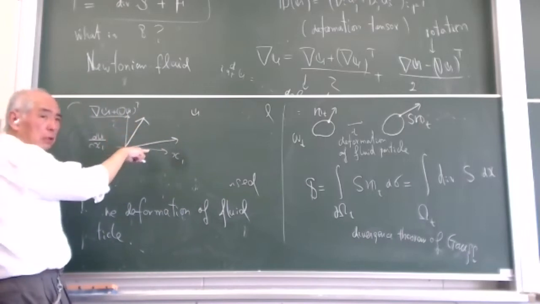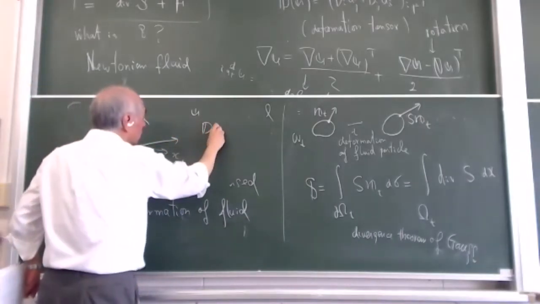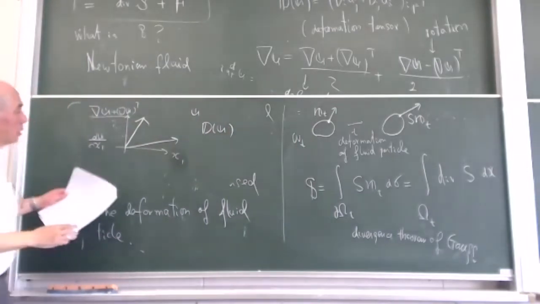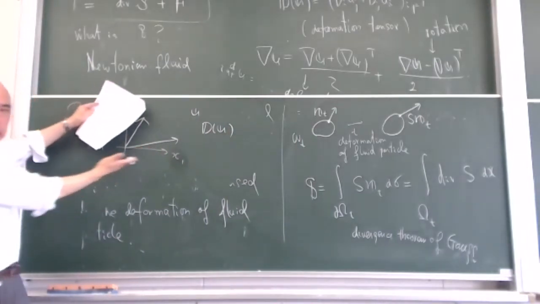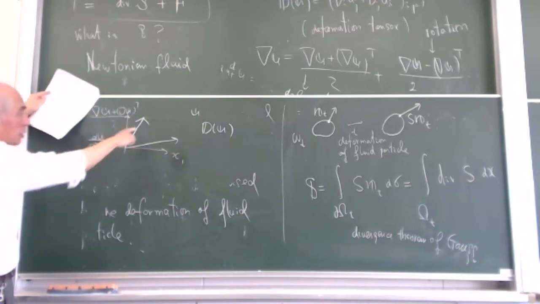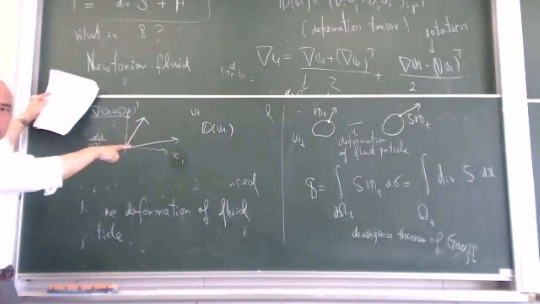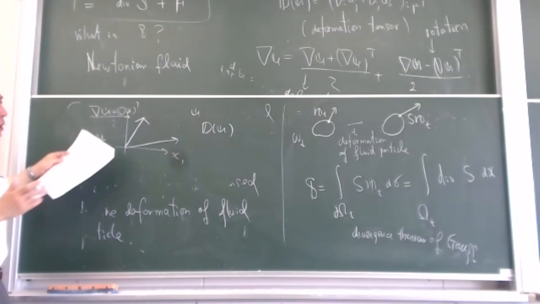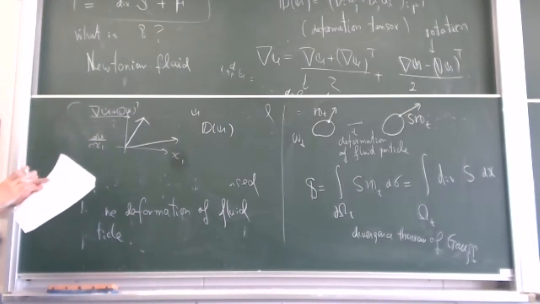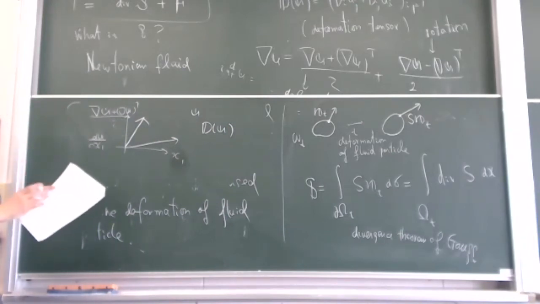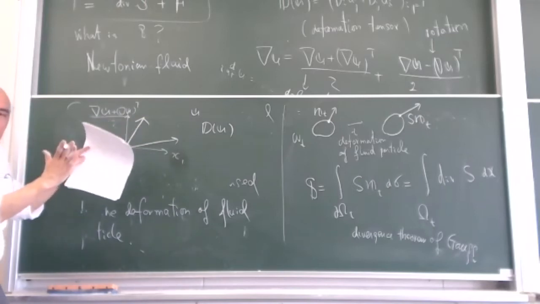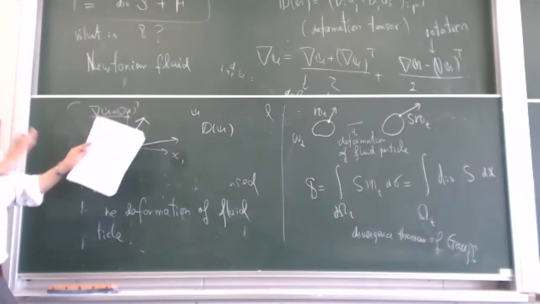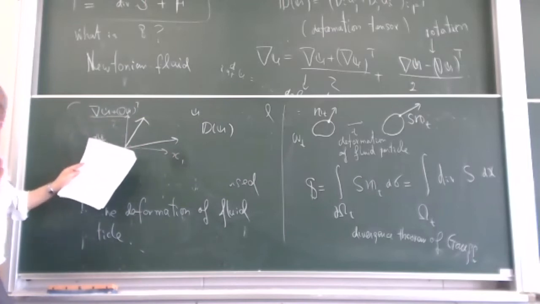So du gives you the deformation for each point. Usually the stress of the fluid comes from this deformation, because the fluid shrinks and then wants to come back.